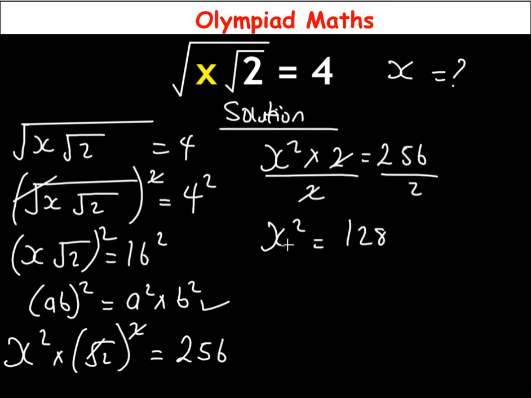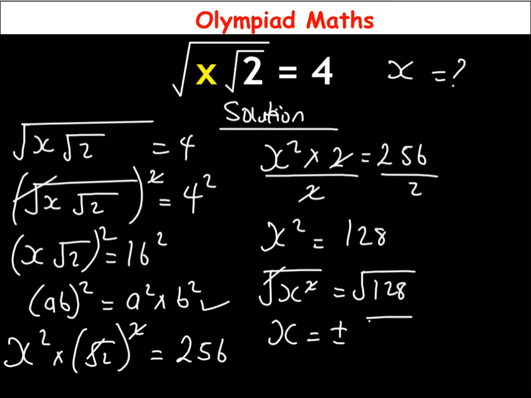Okay, now to solve for x, I'm going to eliminate this square by bringing in a square root to both sides of the equation. So the square root of 128. With this, the square cancels the square root, x is then equal to plus or minus √128. Now this can be written as 64 times 2, which gives us 128.